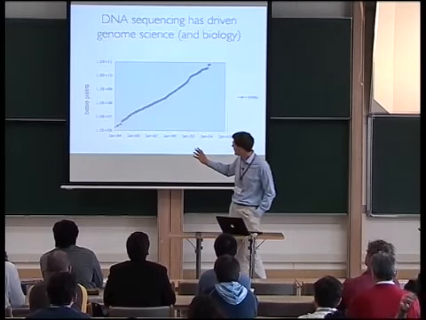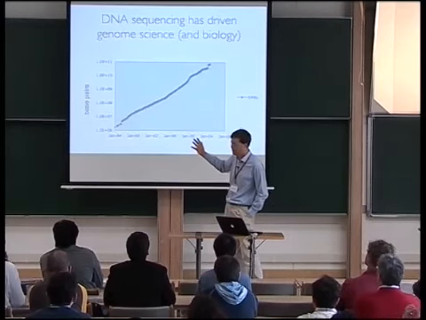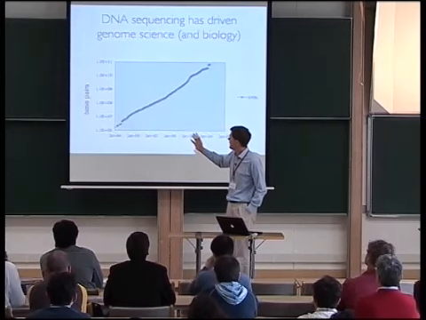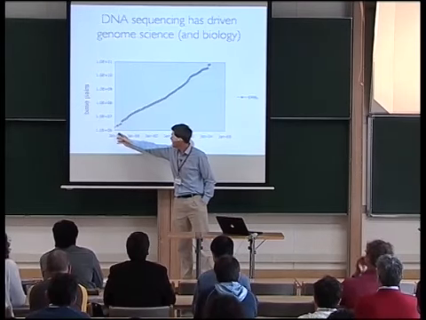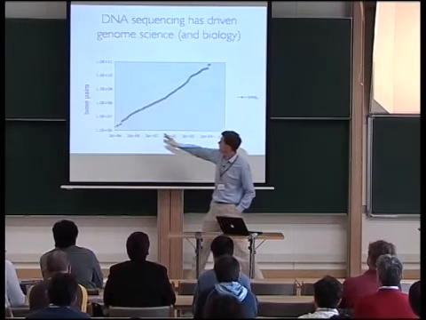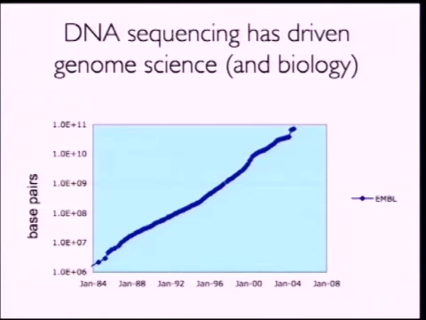Here we have a plot showing the amount of publicly available DNA sequence in the public databases, starting over 20 years ago in 1984, when there was 1 million bases, which was a lot in those days, to, in fact, it finishes around several years ago, 2004. You can see that this is on a log scale, log number of base pairs. There's about a 16-month doubling time overall in that period.